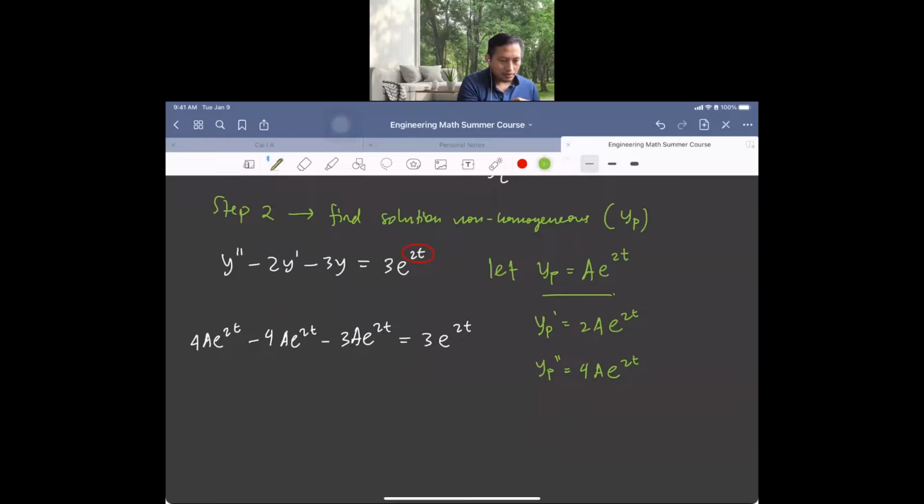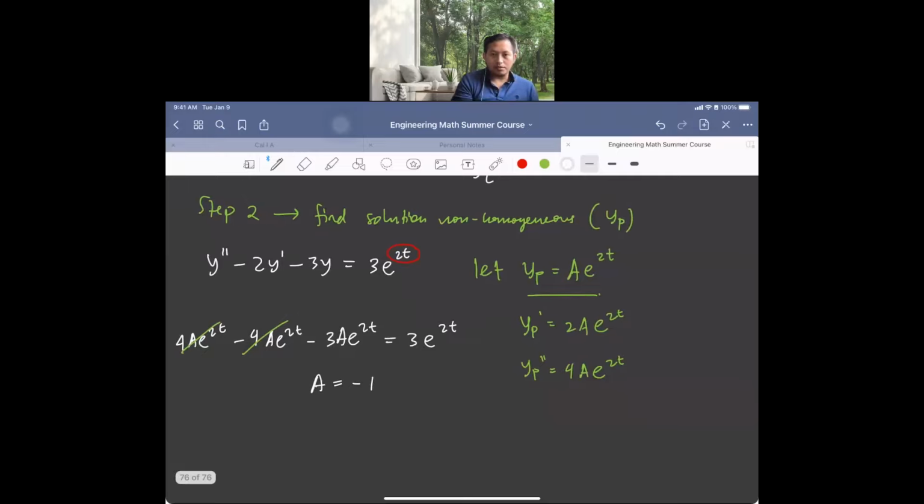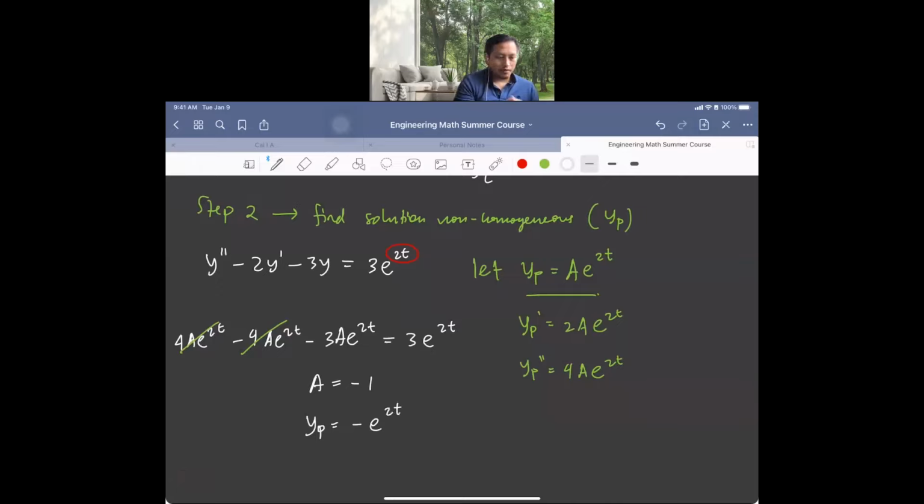And if this is our particular solution, then from our guess, A is -1, and when we substitute into the equation, we get the same result, right? So yp is -e^2t.